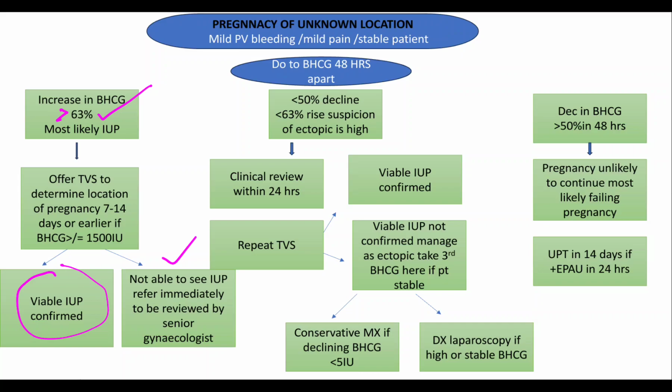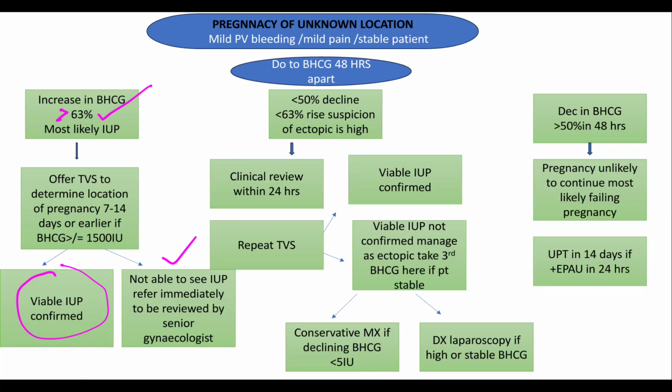The other scenario is that there is not a more than 50% decline. It means that the beta HCG is falling but the decline is less than 50%, or the beta HCG is rising but the incline is less than 63%, because if the incline is more than 63%, it is likely to be an intrauterine pregnancy. For these patients, we are now suspicious of an ectopic pregnancy.